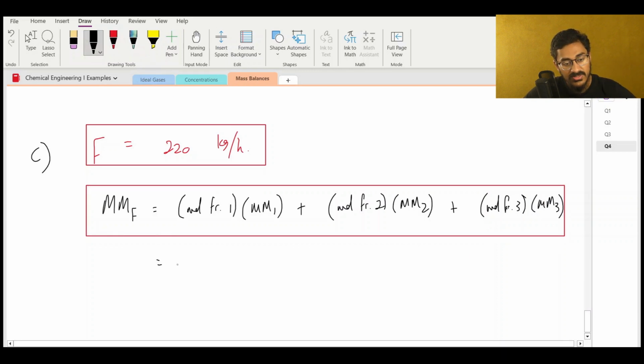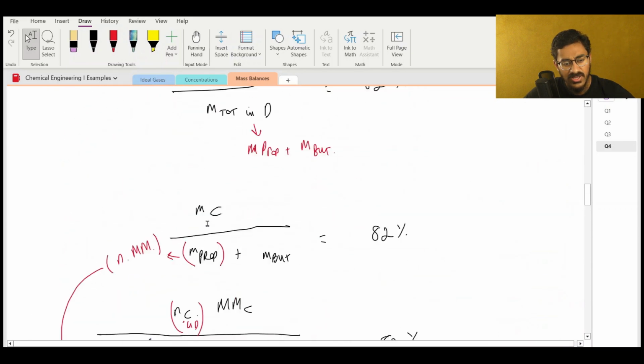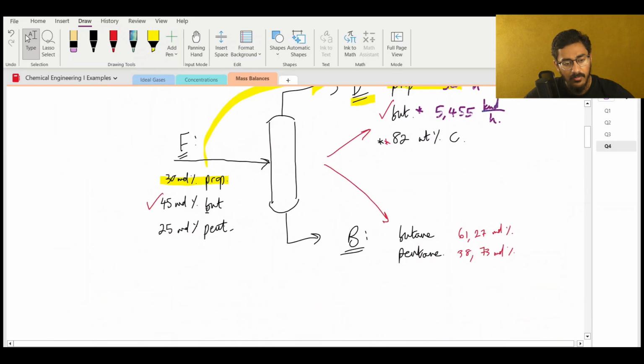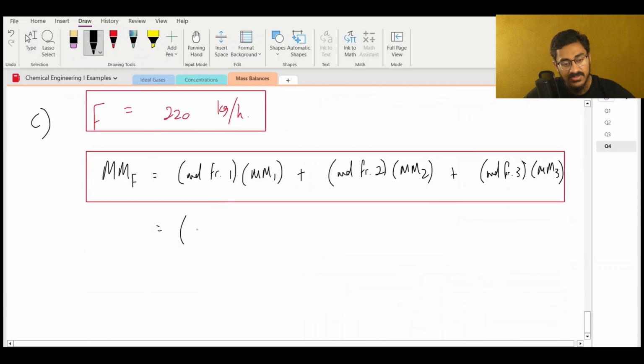So the molar mass of my feed stream is the mole fraction of component 1, which is probably butane or propane. Okay, propane. So it's 30% propane. Let's start there. So it's 30% and the molar mass of propane is 44 kilograms per kilomole.